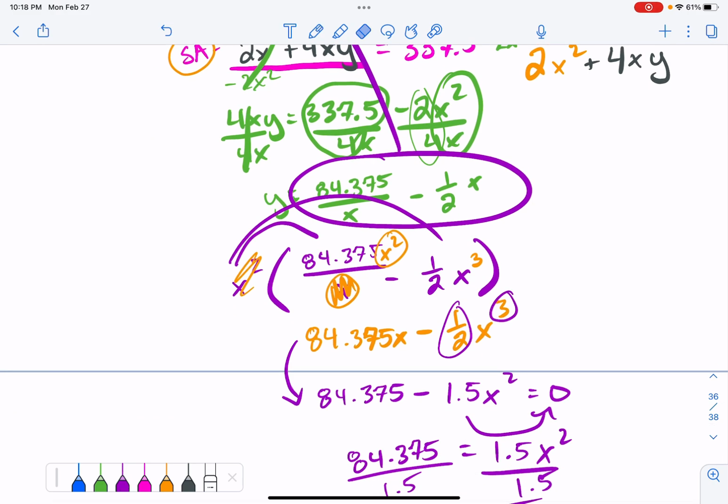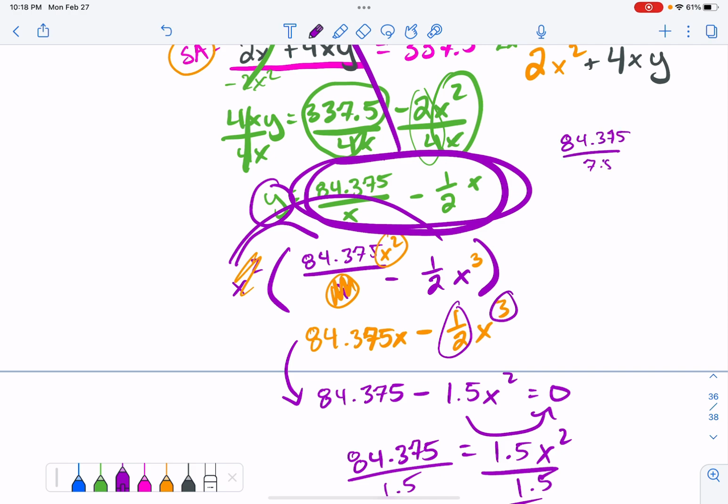Oh my heavens. y is equal to this right here. So 84.375 divided by 7.5 minus 1/2 times 7.5. Okay, yuck. All right, 84.375 divided by 7.5.